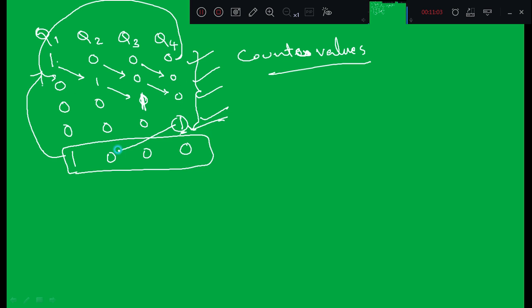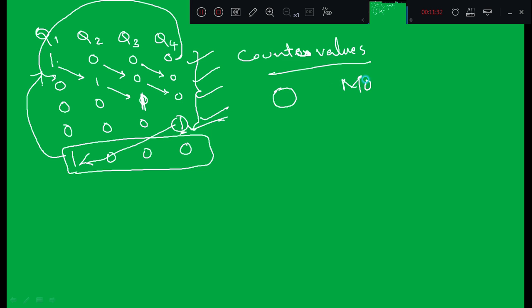So this one is retained at this place. That means the last one is again stored back in the first flip-flop, right? So it works in the form of a ring, or nothing but a circular shift register. For that reason, this counter is also called a ring counter.